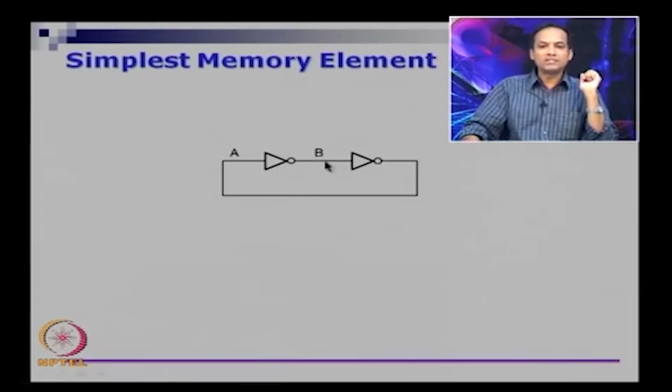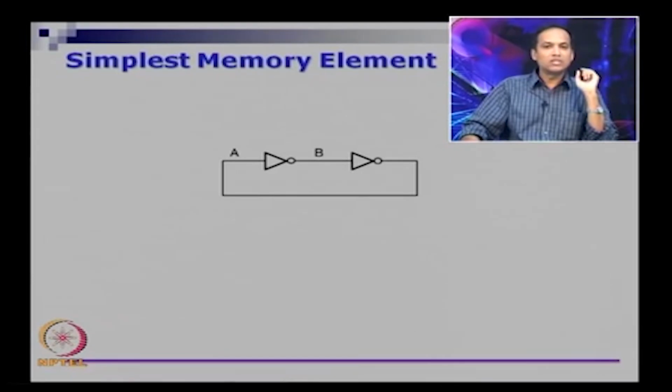However, if B is 0, then 0 complement will be 1, that goes as A, and then 1 complement would come back as B. So B would still remain at a steady state, but at this point the steady state would be 0. So what the circuit does is, if B started at 1, it will remain at 1, if it starts at 0, it will remain at 0, and it will stay there forever, provided there are no disturbances.